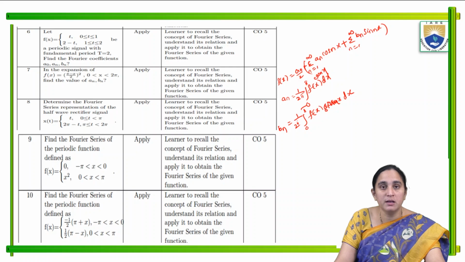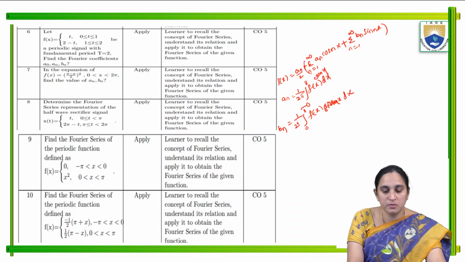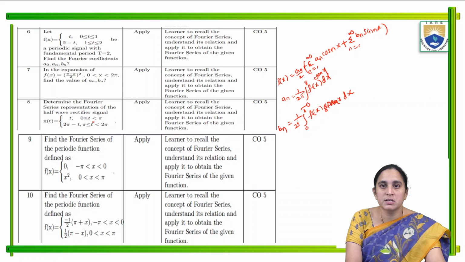For that 8th question, observe once, this is also a discontinuity function. Maximum questions are from the critical thinking discontinuity, but the interval length here is full range, that is 0 to 2 pi. For that we have to divide the limits and write down the formula. Okay, same as the first questions.